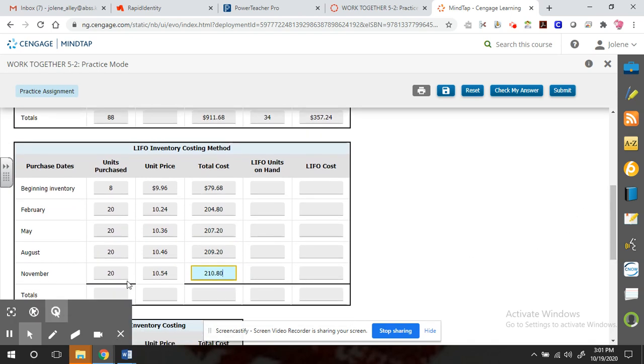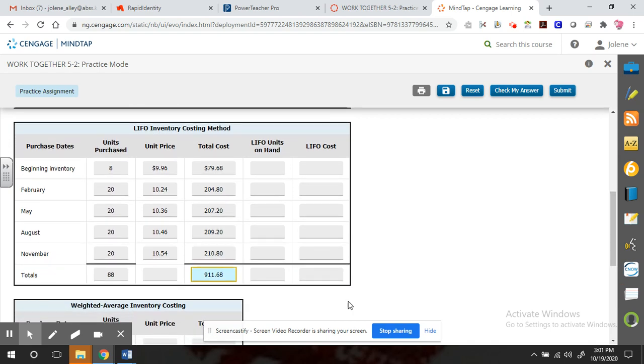And then down here we still have 88 total, and we had a grand total of $911.68. But this time we have 34 left over still, but it said last in, first out.